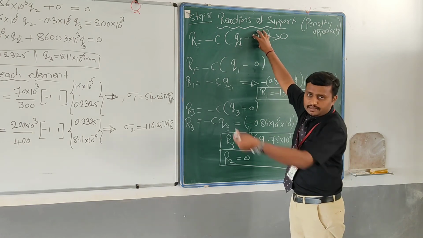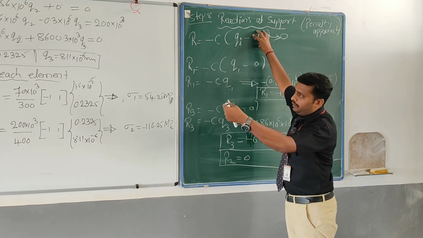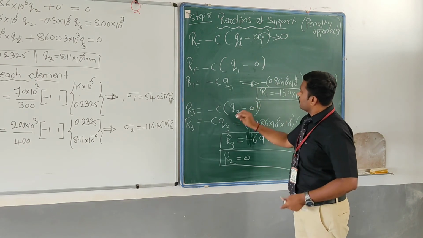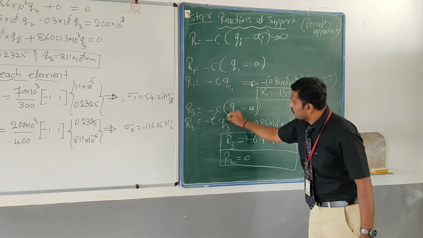A3 is also 0 in this case, because there is no gap between the support and the structure at node 3. So remaining is minus C into Q3. This value you also know. Substitute that.